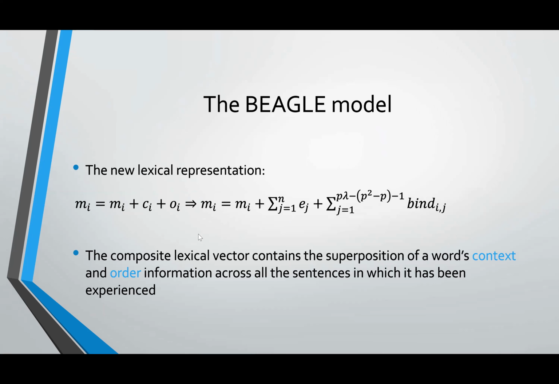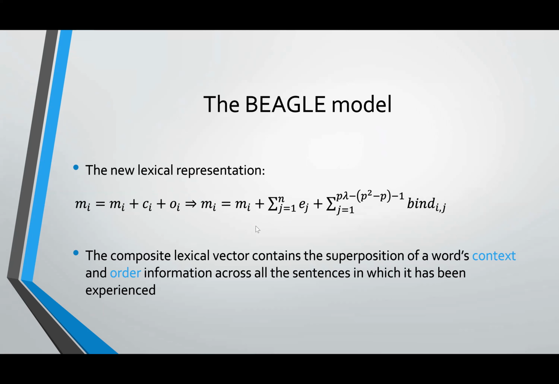MI is updated using a combination of context vector CI and order vector OI. MI gets enriched by considering the current sentence context and word order. This sums up across all the sentences where the word has been encountered.